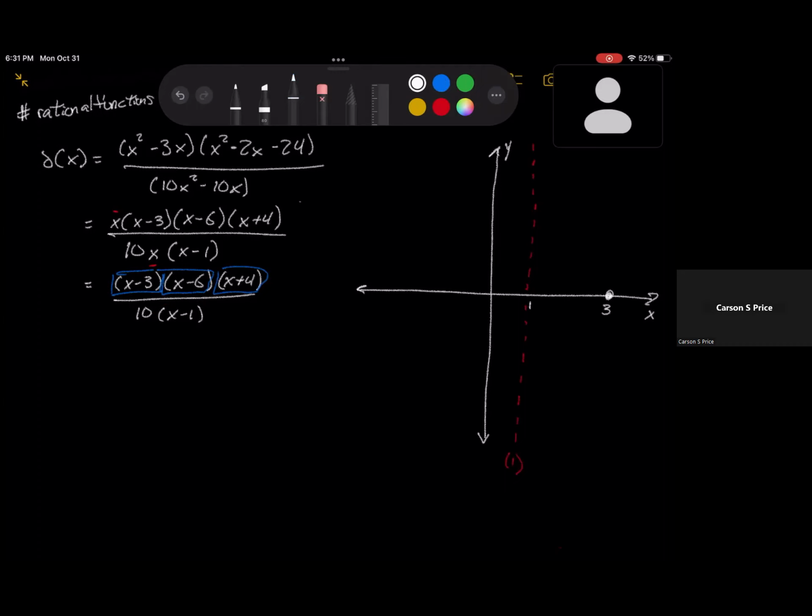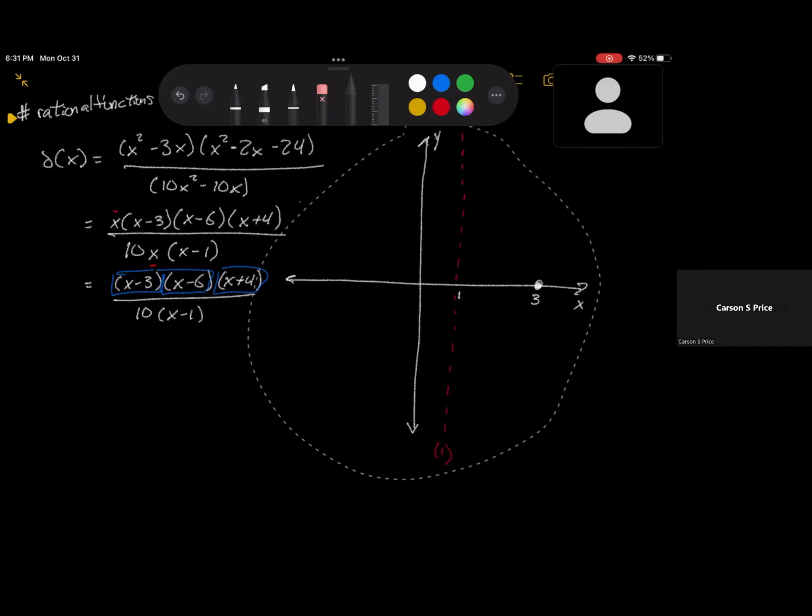So I did not draw my graph large enough. Let's move it over a little bit. So I've got another 0 at 6 and a 0 at minus 4.